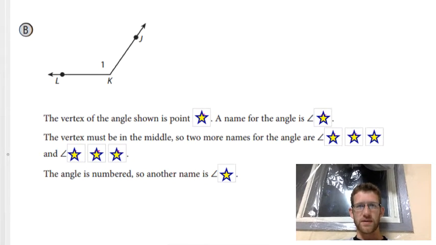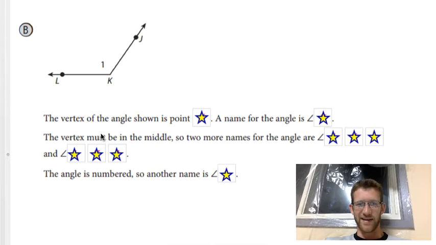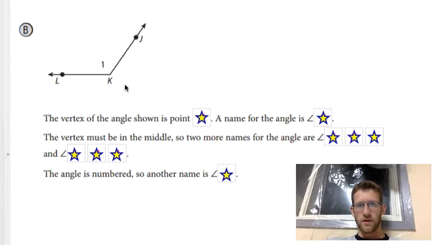Okay, so what's this one? What is this angle here? Oh, there's a third way, I forgot to mention that. We'll get to it. So the vertex is this point here. Even though they don't have a little dot, because there's an angle here and it's pretty clear that there are two rays, you can imagine there's a little dot there.